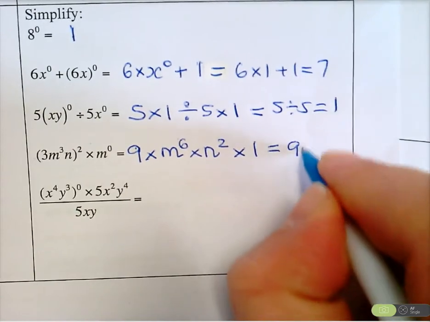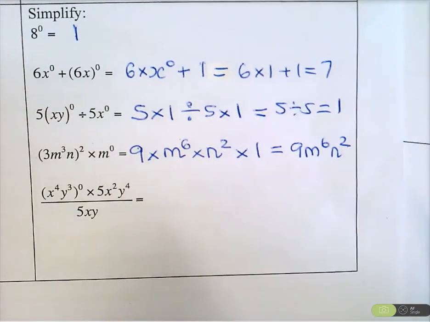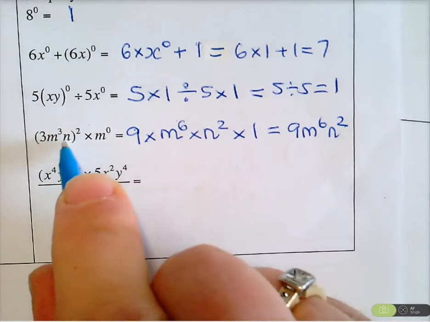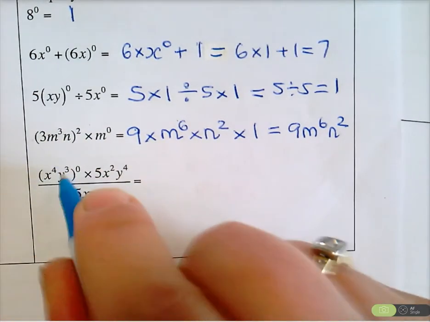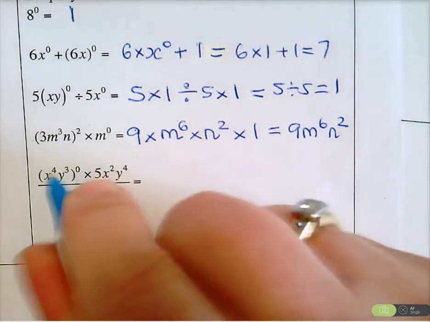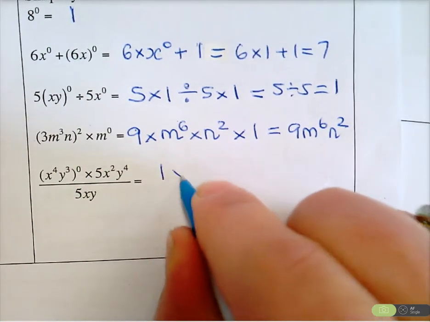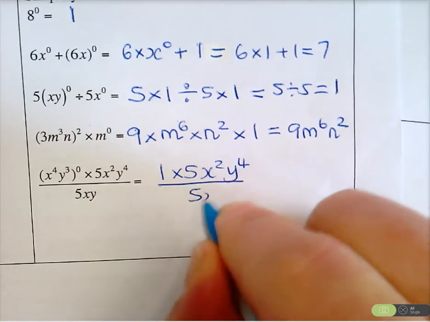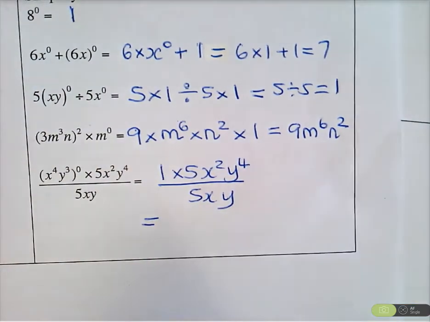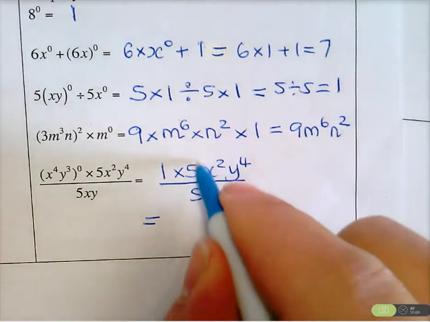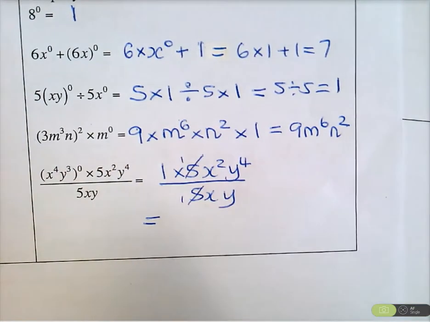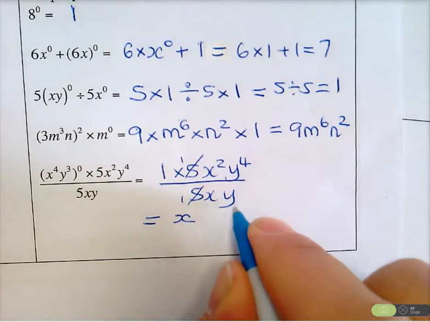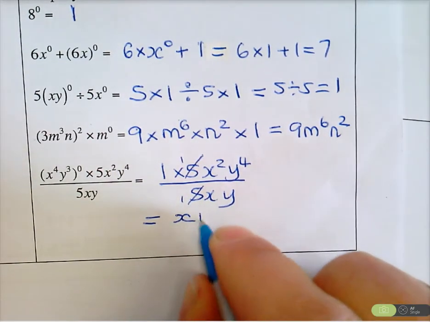So it's 9m to the power of 6 n squared. So girls, 3 squared, m cubed squared, n squared. The last one, that's all to the power of 0. Don't bother working it out. What's it equal to? 1 times 5x squared y to the power of 4 over 5xy. What cancels, girls? The 5's cancel, and you put 1's in their place. X squared over x is x, y to the power of 4 divided by y.